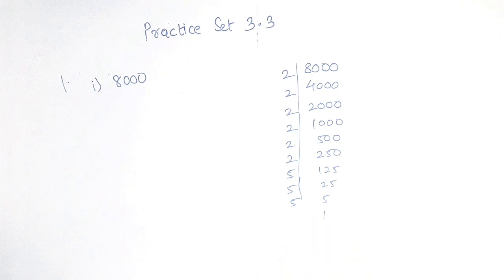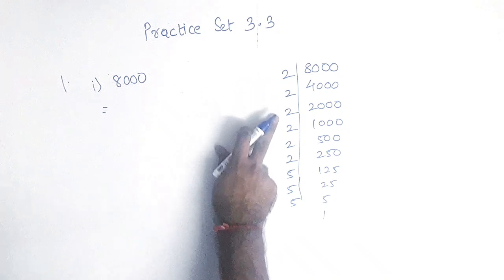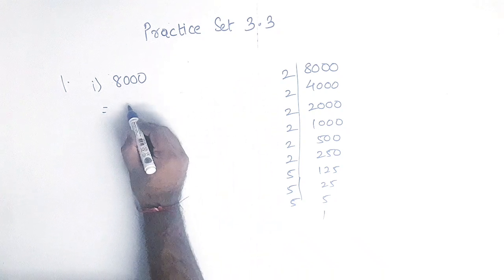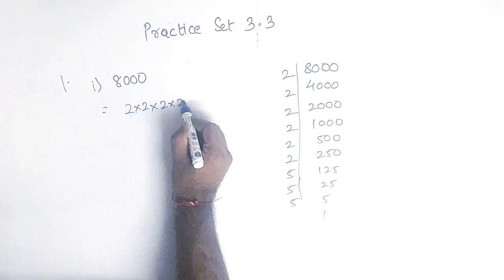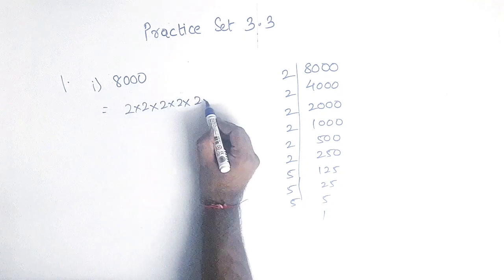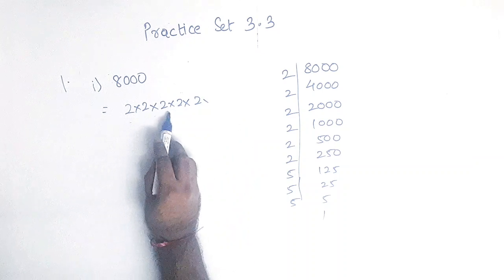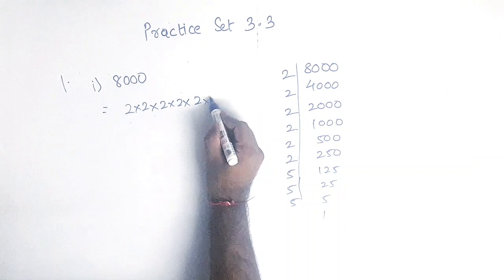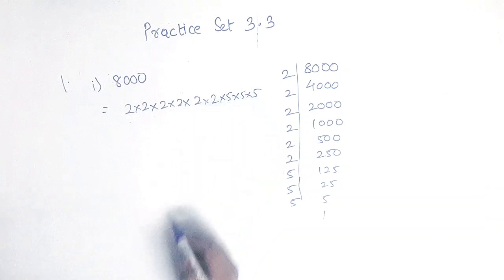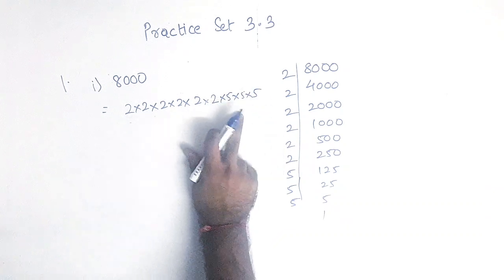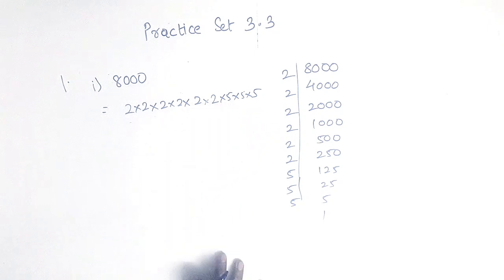So it is giving me 2 into 2 into 2 into 2 into 2 into 2, 6 times, and 5 three times. We are interested in making groups of 3.